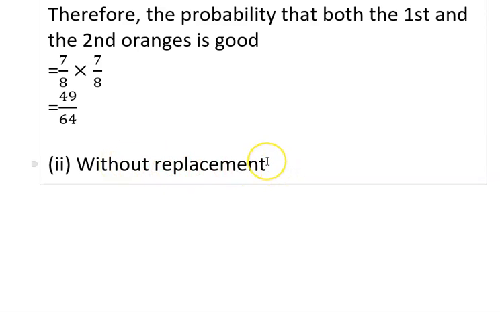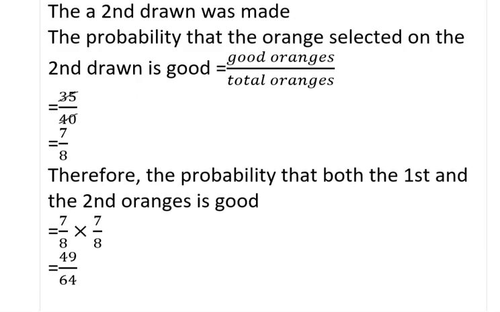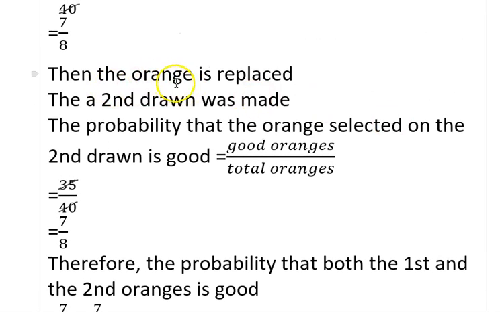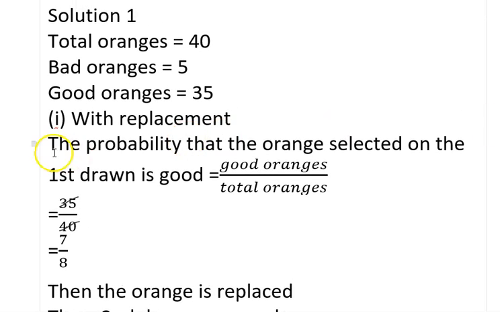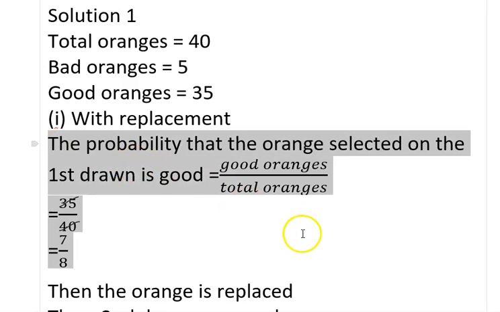This one, when the first one will be drawn, it will not be replaced. Let's try and see what we have here. So let's just make this as a template.